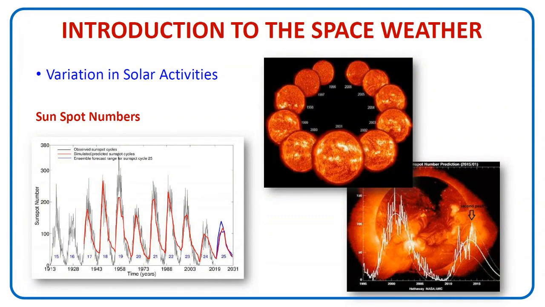The sun's magnetic field is somewhat different from that of the earth. The earth's magnetic field is almost constant. You can broadly take it as constant. It's changing, but the change is secular, very slow. But the sun's magnetic activity is a little bit faster. It's not secular. It changes over a period of 22 years.